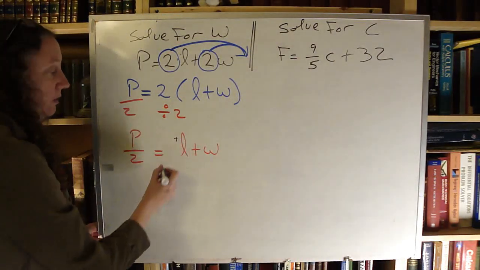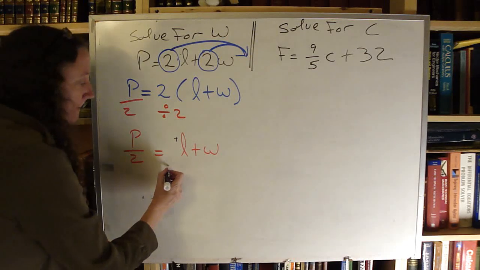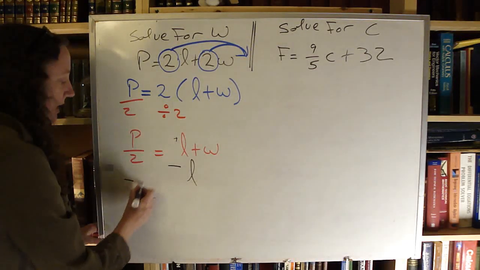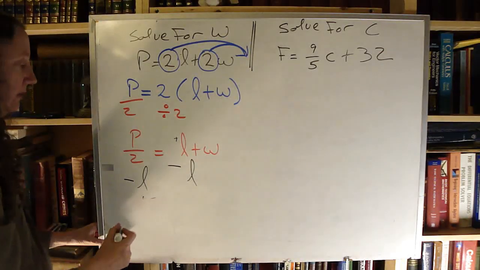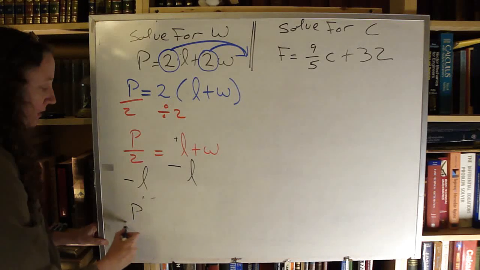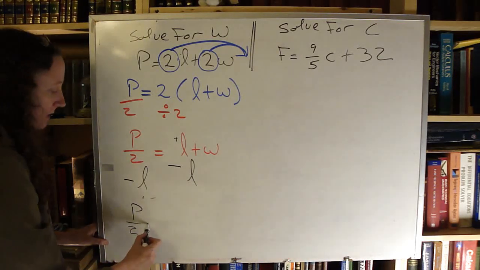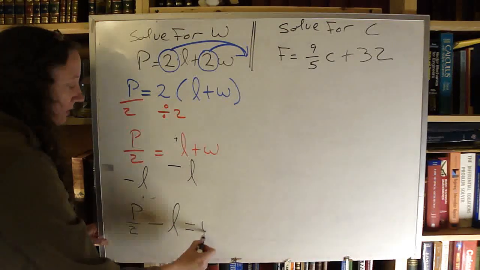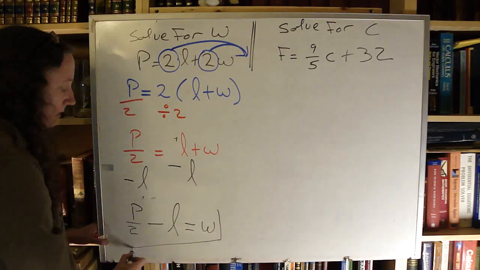We're going to assume that it's a positive number, so we need to subtract L. What I do on one side of the equal sign, I do on the other. So I subtract L. Now I have P over 2 minus L equals W.